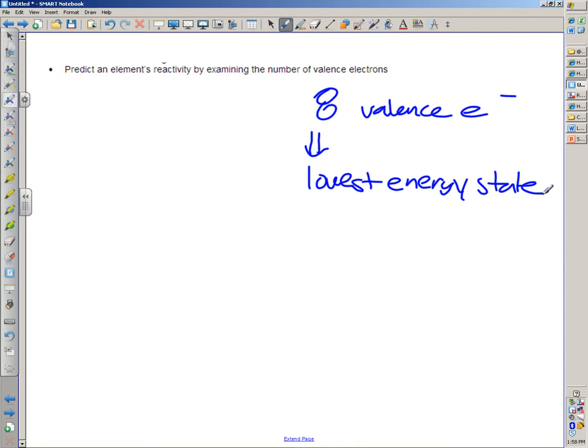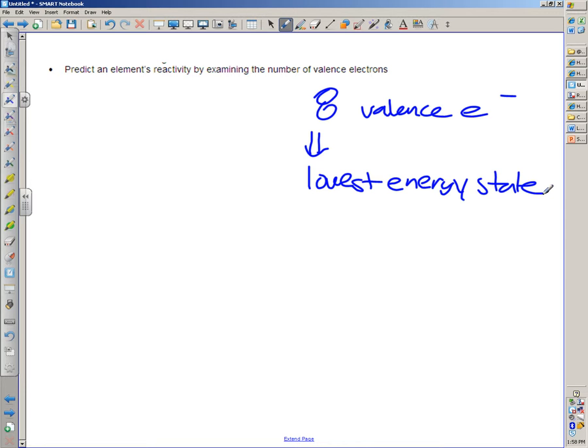Looking at an element's valence electrons can tell you how reactive it is, because reactivity is the process of elements gaining, losing, or sharing electrons in order to get to 8. Like halogens, group 17.